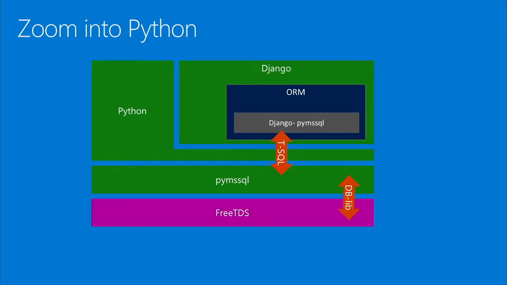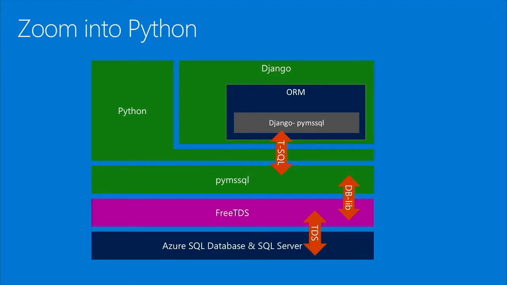So you can see the transitions of the protocol from T-SQL to DBlib and ultimately through TDS to SQL Server. So this is how the whole stack works, and it's pretty performant. And as you can see, FreeTDS shows up in a lot of different places for various languages. And so if you're a Django lover, Azure SQL DB or SQL Server works for you.